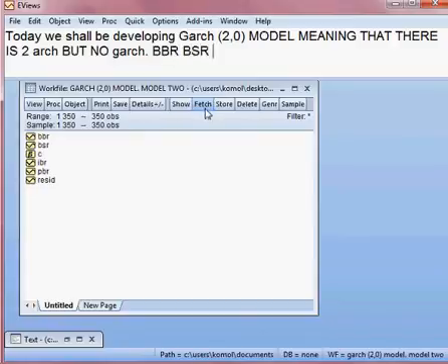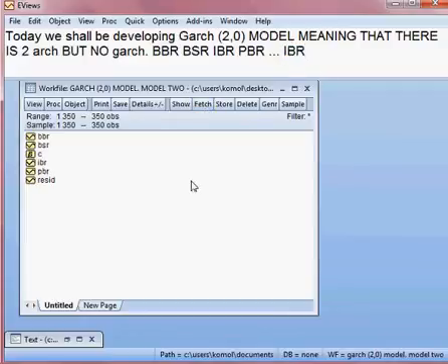Out of these four variables, IBR is our dependent variable.